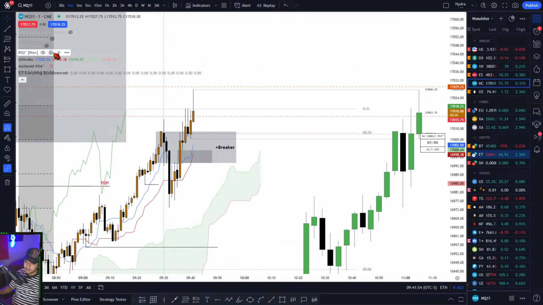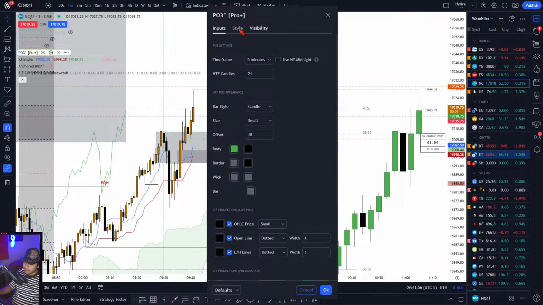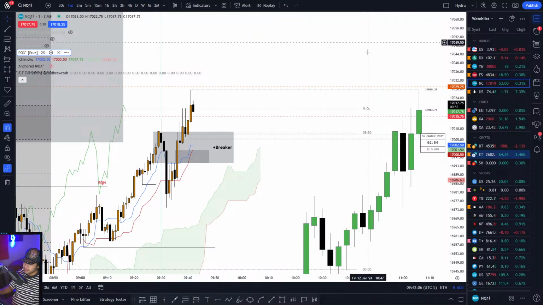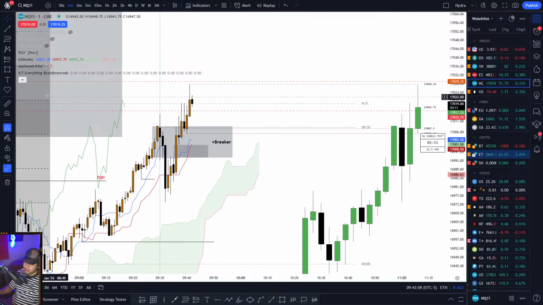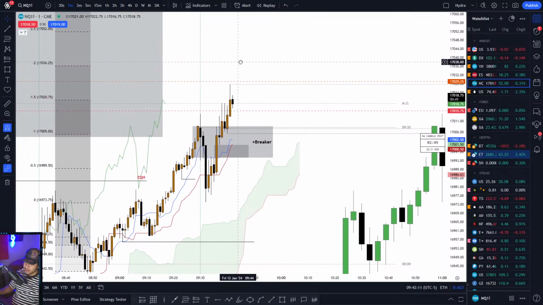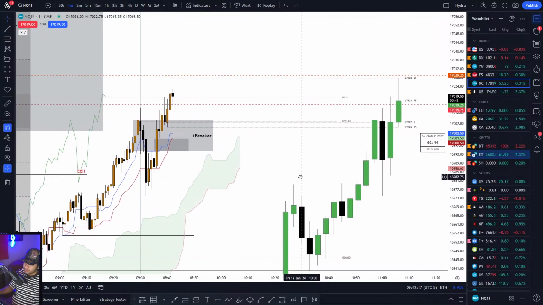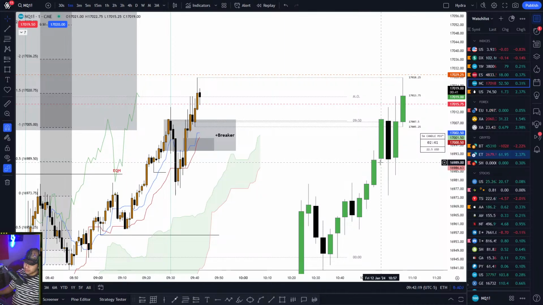Pretty useful, but I believe it's a paid indicator. So it's very nice to see how price is behaving on the higher time frame, just next to your chart. So if you are not paying a subscription on TradingView, you can still look for this indicator.